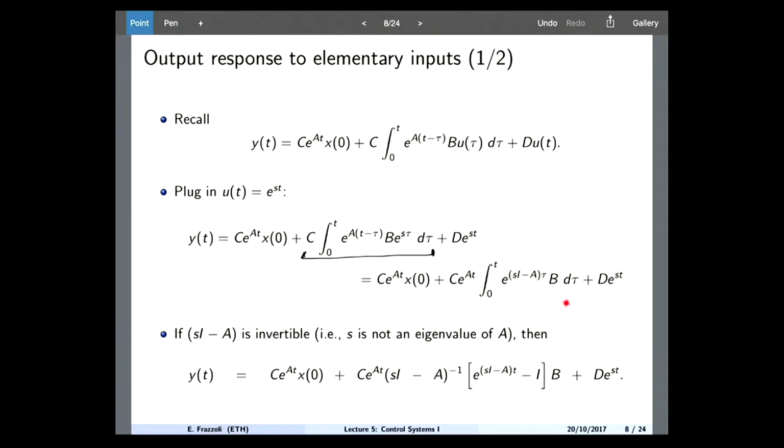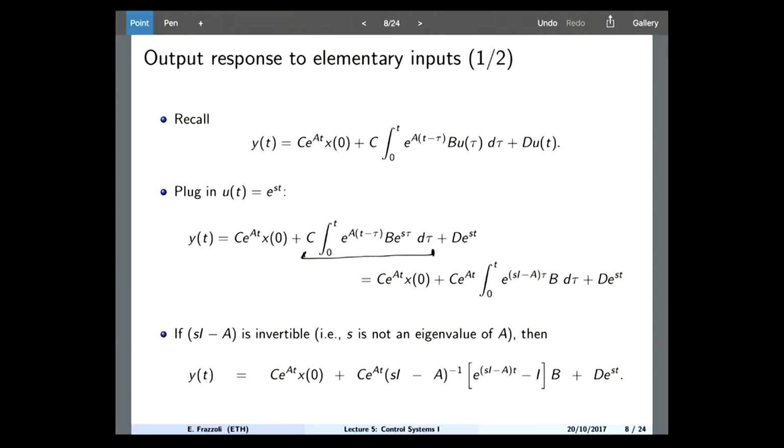What I'm left with in the integral is this stuff here. In principle, I can also push the b out on the right-hand side, that's also a constant. So what I have to do is integrate from 0 to t e to the power (sI minus A) tau d tau. Now, how do I compute that integral?